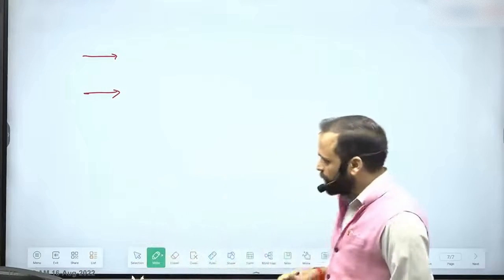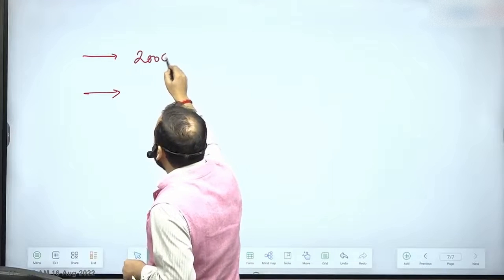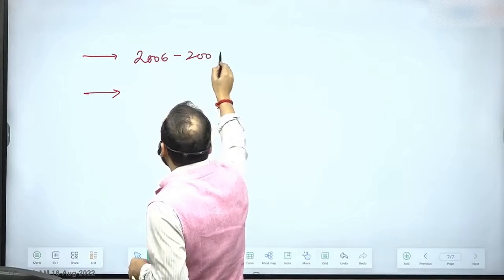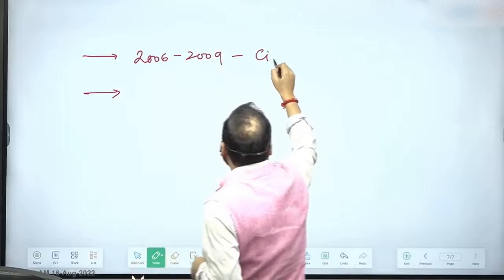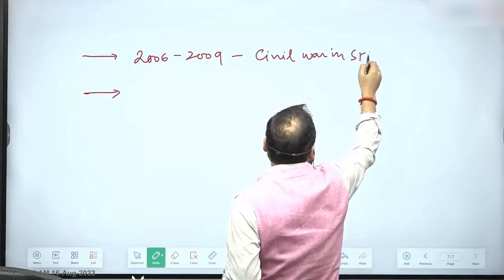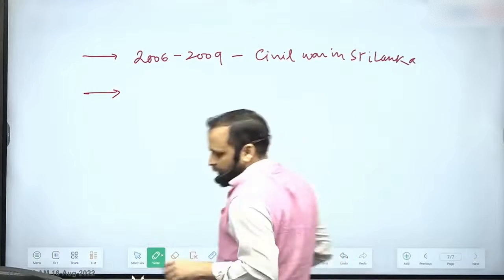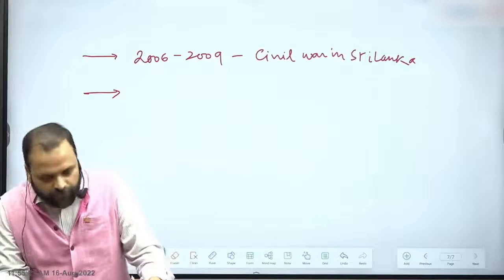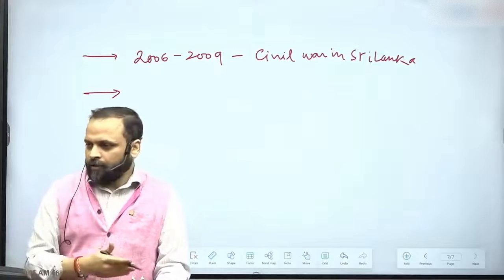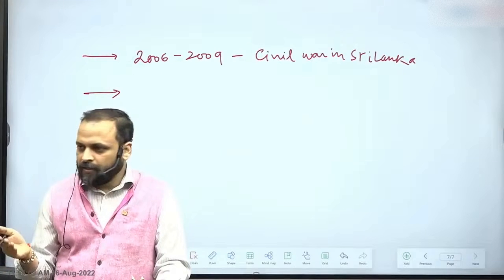For example, now we see 2006 to 2009 is another phase of civil war in Sri Lanka. So in between what happens? A, there would be direct fighting between the LTTE and the Sri Lankan armed forces, or there would be suicide bombings carried out by the LTTE.